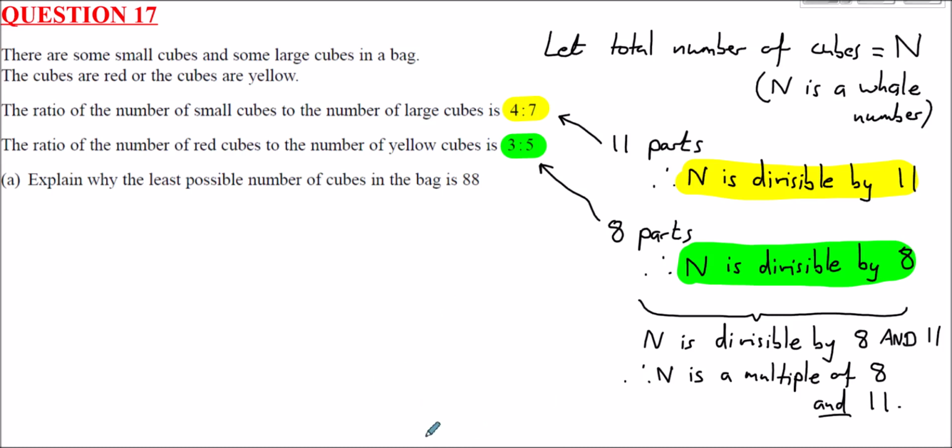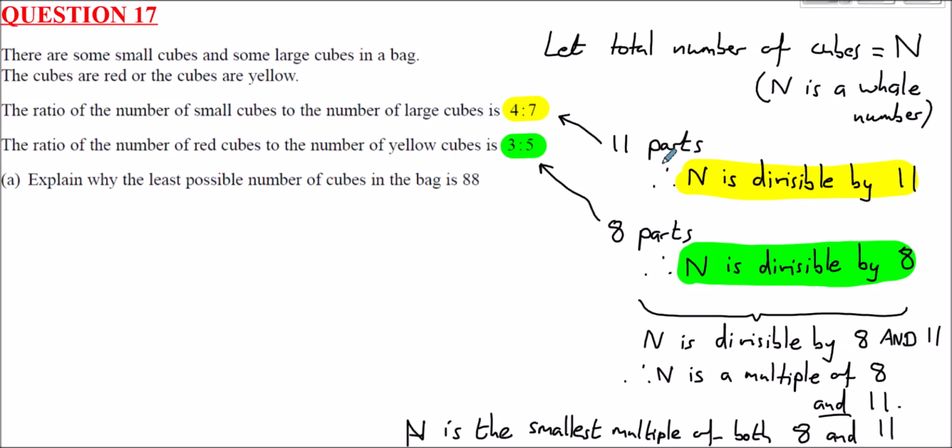So what I'm saying here is n is the smallest multiple of both 8 and 11.